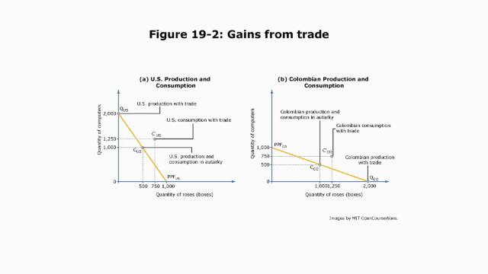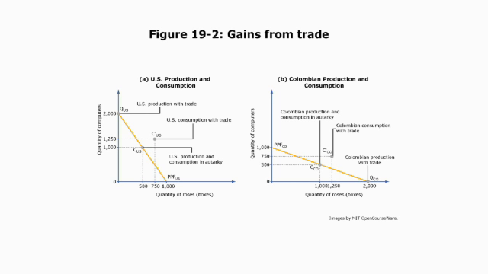If we move to specialization, to international trade, the US moves to producing 2,000 computers at QUS. And likewise, look at the second panel, Colombia moves to producing 2,000 boxes of roses at QCO.